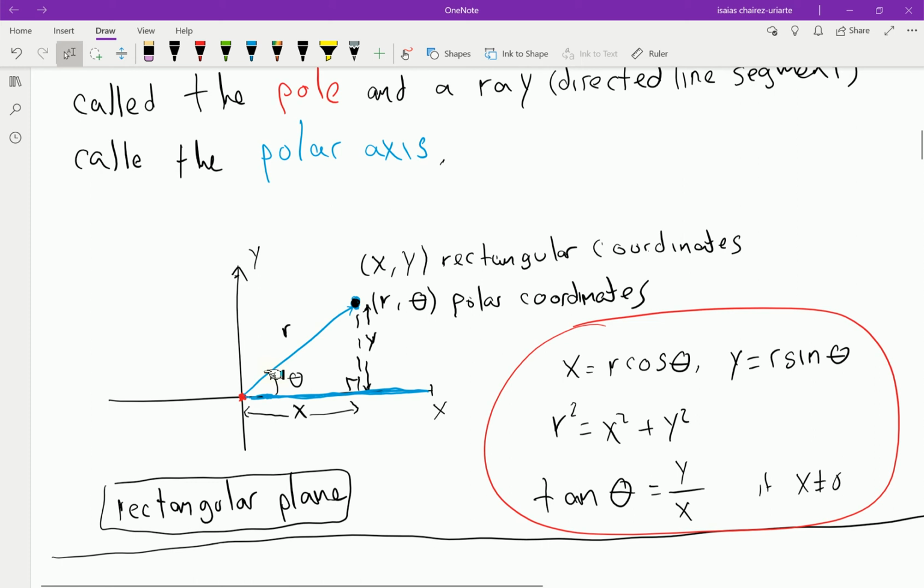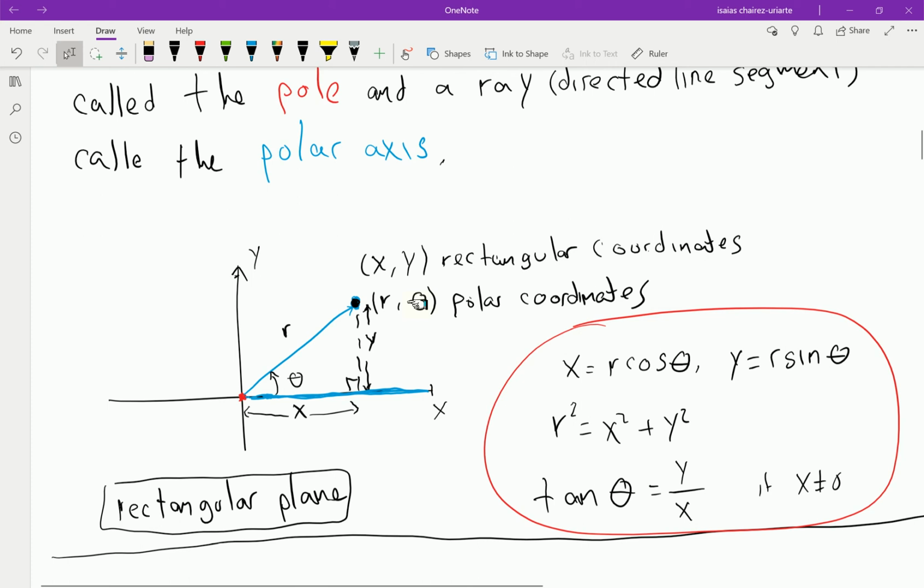The angle is measured the same way we've been measuring angles. If the angle is counterclockwise, it's a positive angle. If it's clockwise, it's a negative angle. And so this point has both rectangular coordinates, x, y, and polar coordinates, r, theta.